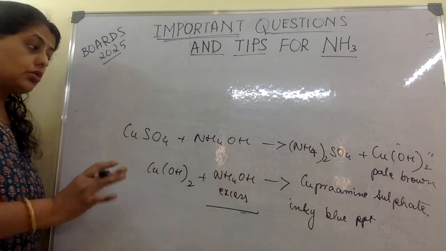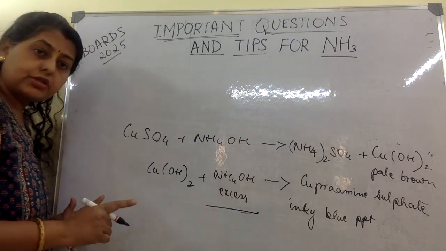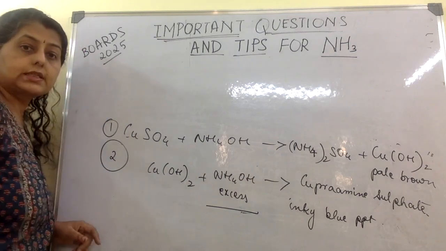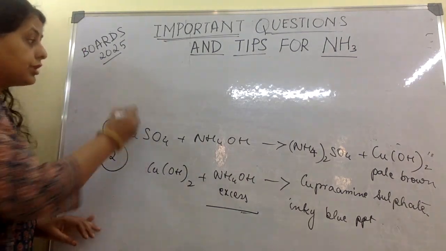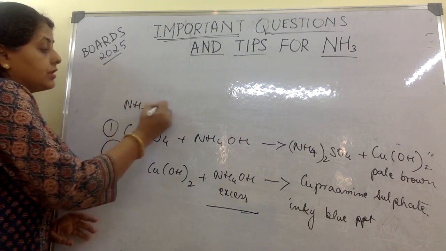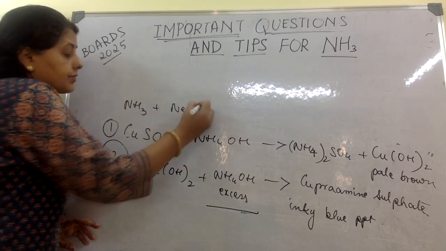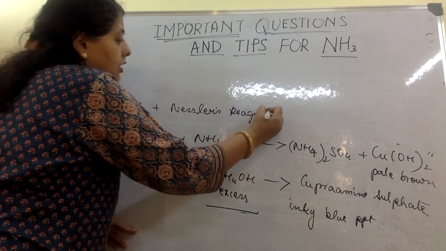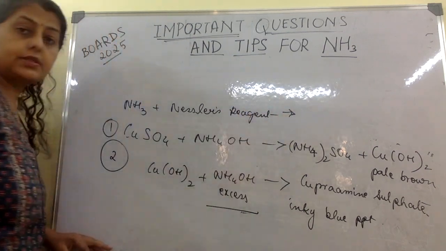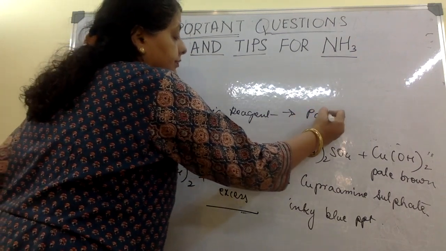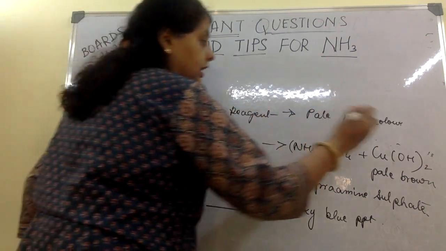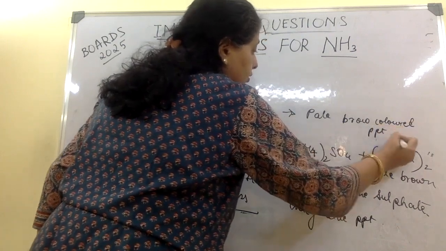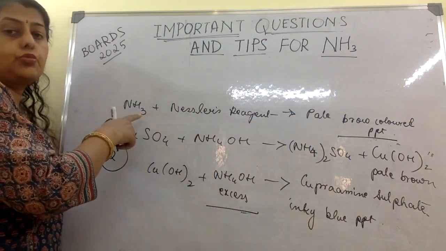These are not two separate equations. This is the same equation, step 1, step 2. That's it. Test of ammonia with Nessler's reagent: what does it give? Ammonia with Nessler's reagent gives a pale brown colored precipitate. That is a test of ammonia.